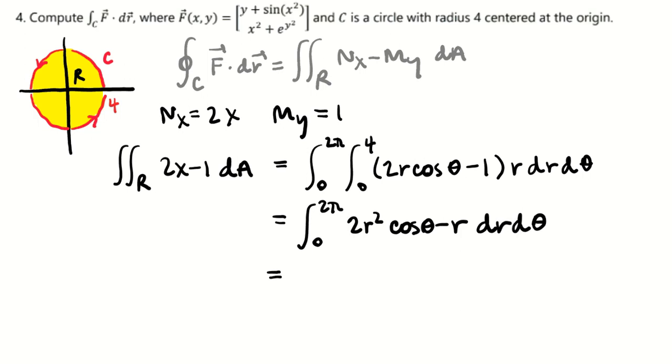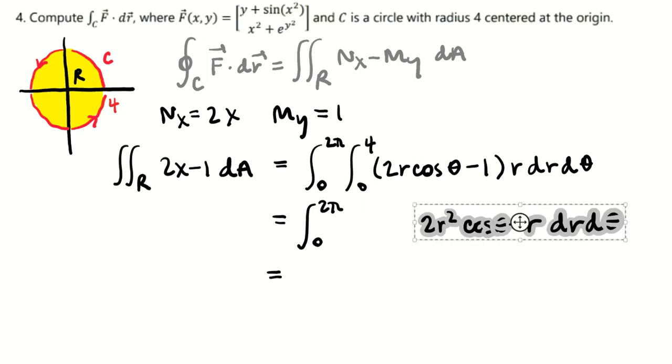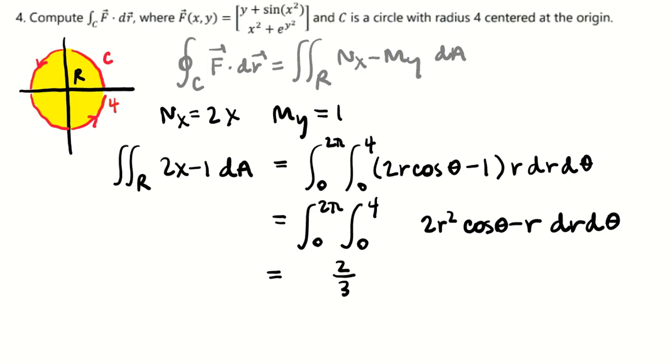Okay, now I'll take an antiderivative of, hold on, I was not ready to anti-differentiate. Right, and then I will anti-differentiate this with respect to r, and I'll get 2/3 r to the third cosine theta minus 1/2 r squared, as r runs from 0 to 4.